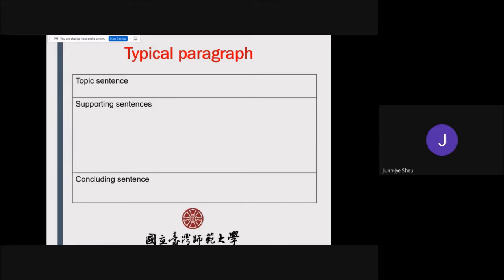That concluding sentence may lead to the next paragraph. So keep the structure of the leading or topic sentence, then supporting sentences followed by the concluding sentence. Keep that in mind when you write your paragraphs.